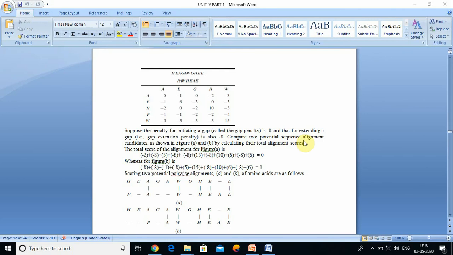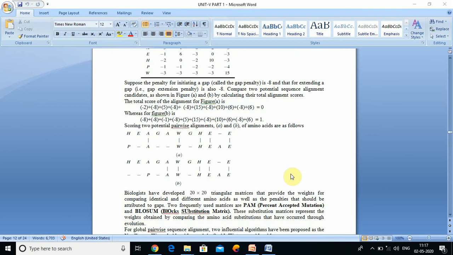Compare two potential sequence alignment candidates, A and B, shown in the following figures, by calculating their total alignment scores. This is the alignment score for figure A, and this is the alignment score for figure B. These are the scores of the two potential pairwise alignments A and B of amino acids. This is right.